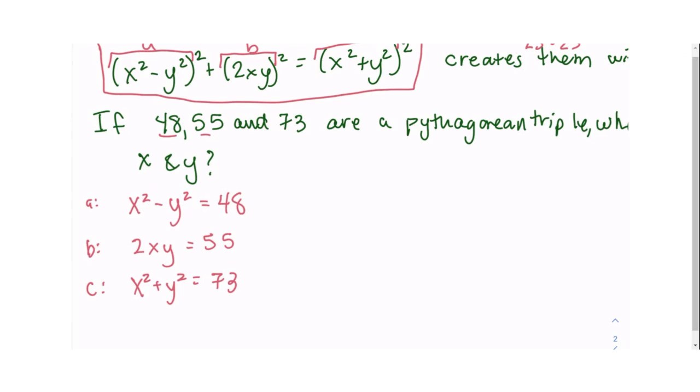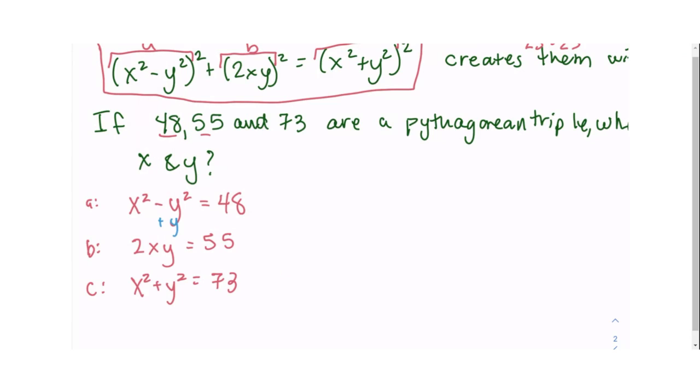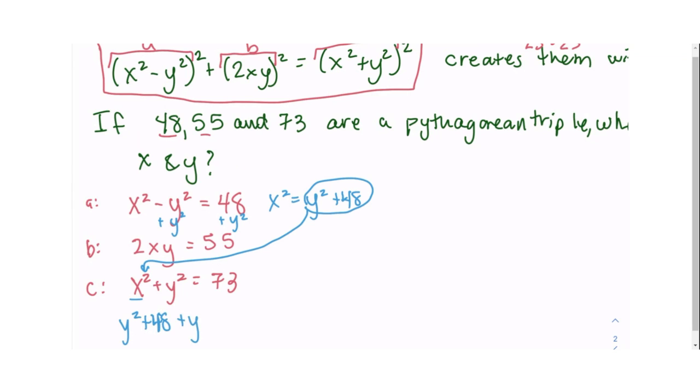There are a couple of ways of doing this one. This is how I'm going to handle it because it makes sense to me. I'm going to add y squared to both sides. So I would have that x squared is equal to y squared plus 48. Now I'm going to put this whole thing in the place of this x squared. So instead of x squared, I'd have y squared plus 48 plus y squared equals 73.